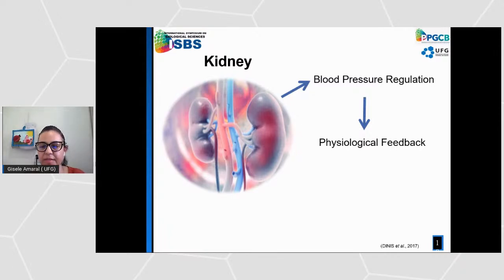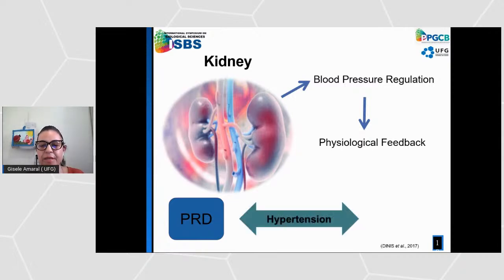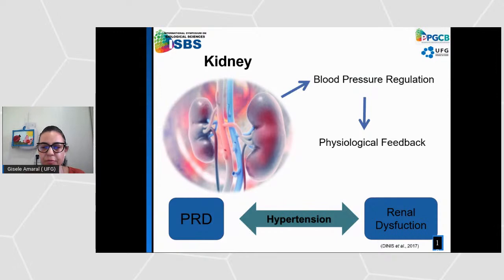There are few studies that demonstrate how prednisone influences the vascular function of the renal artery. So, in addition to assessing whether blood pressure is reaching the renal artery, another point is to verify which type of injury this model of prednisone could generate in the kidney.